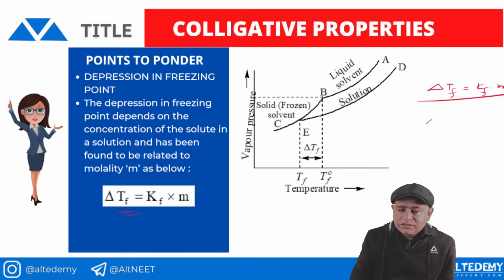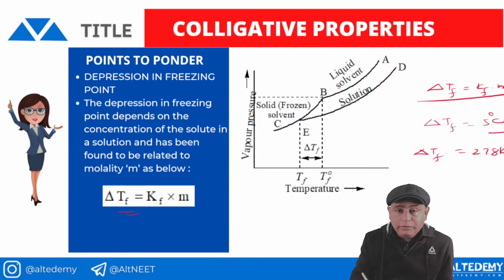Suppose somewhere it is written delta TF is equal to 5 degrees centigrade. You should not be doing like, if it has been given in degree centigrade, then delta TF should be equal to 278 Kelvin. You should not be doing like this. This is a common mistake that students are doing, what I have noted.